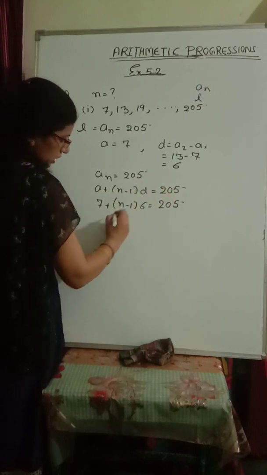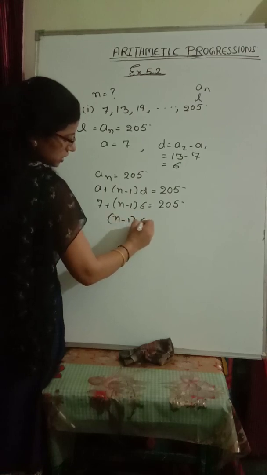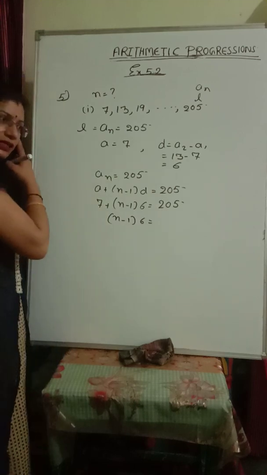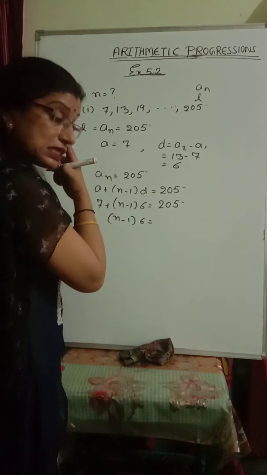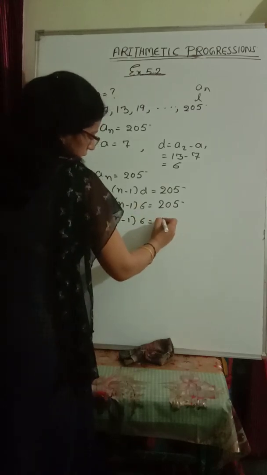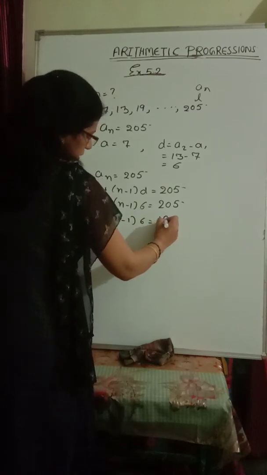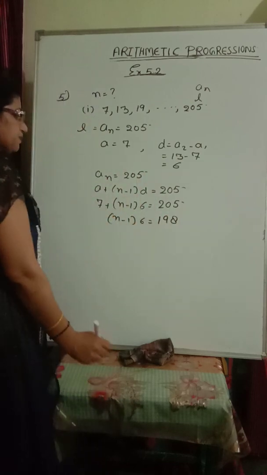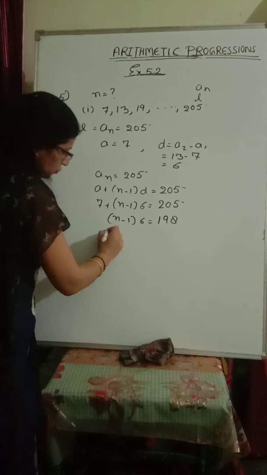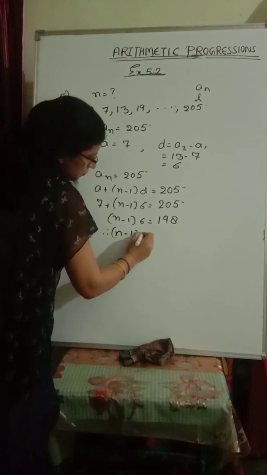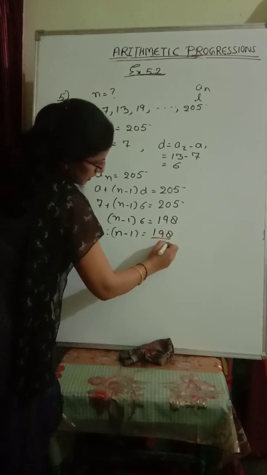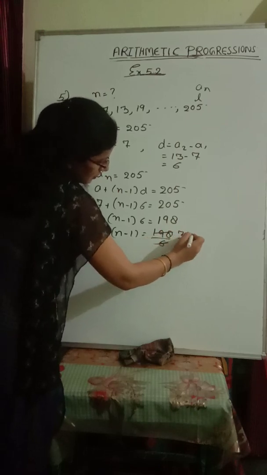Send the 7 to this side. So (n minus 1) into 6 is 205 minus 7, as 7 was added and goes to the other side as minus. So it is 198. Okay. So therefore n minus 1 is equal to 198 divided by 6, as the multiplication goes to divide. 6 3s are 18, 6 3s are 18.